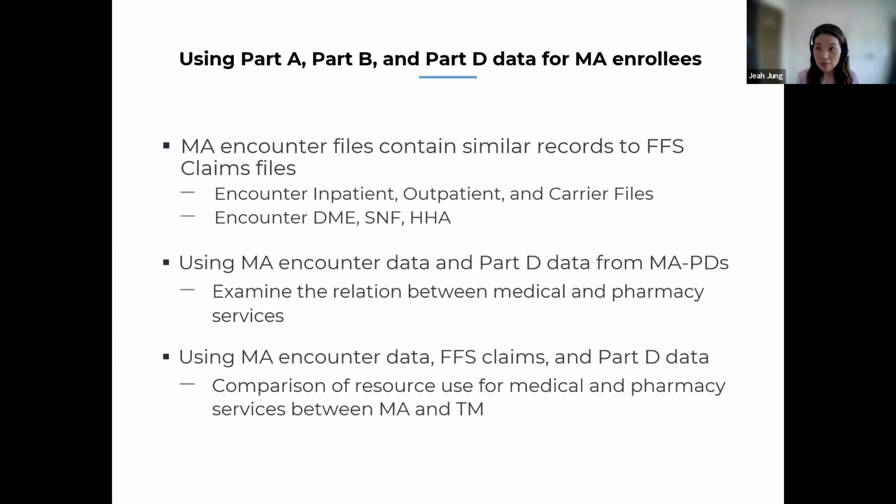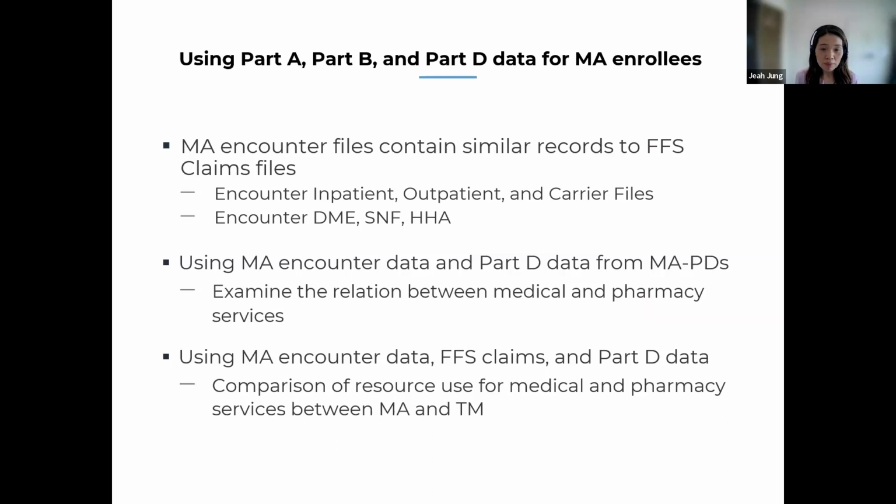There's one difference: for fee-for-service data, we have MedPAR, which is already organized at the discharge level, combining both inpatient and skilled nursing facility discharges. However, in encounter data, we have separate inpatient and skilled nursing facility files, and particularly the inpatient data are not discharge level, so you have to do a little bit of work.